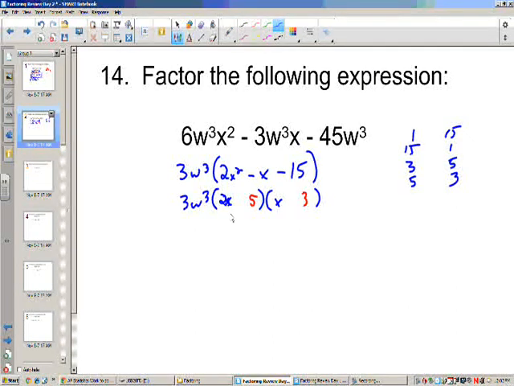That will be 6 and 5. So that will get us down to -1 if I have a minus 6x plus 5. So the answer is 3w cubed, 2x plus 5, x minus 3.